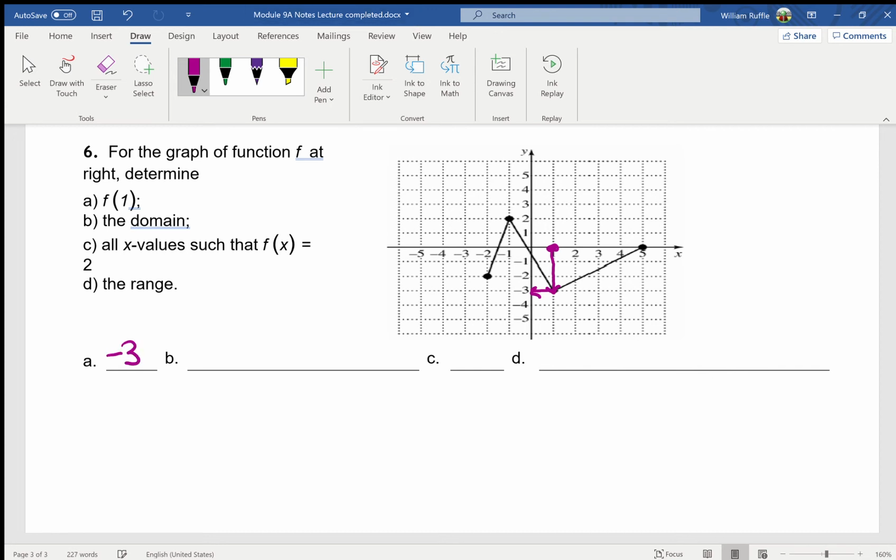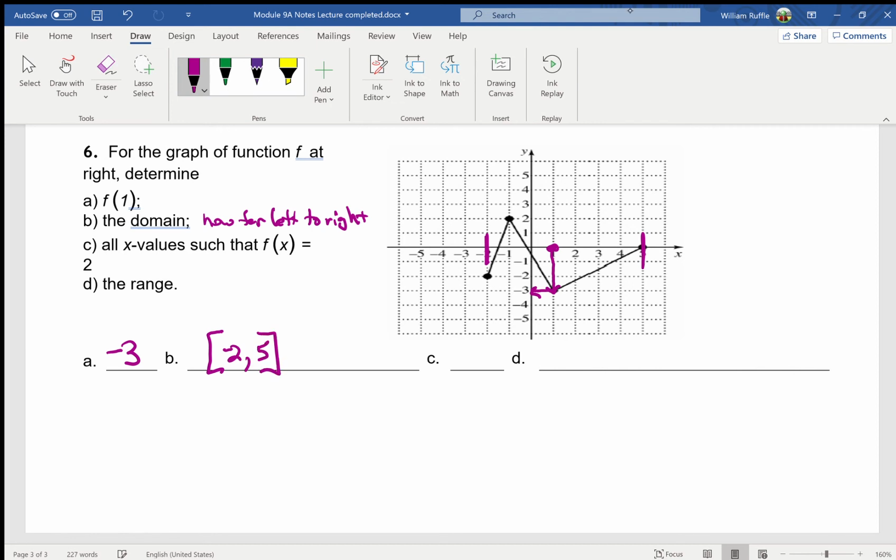Now the domain, if you remember earlier, is how far left to right it goes. If I look here, the farthest left is -2, the farthest right is 5. Now those are filled in dots, so that means my domain is in brackets, -2 to +5.